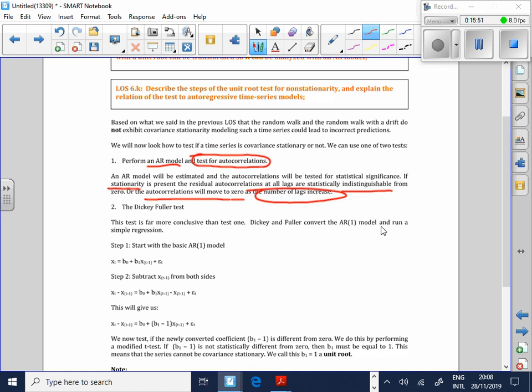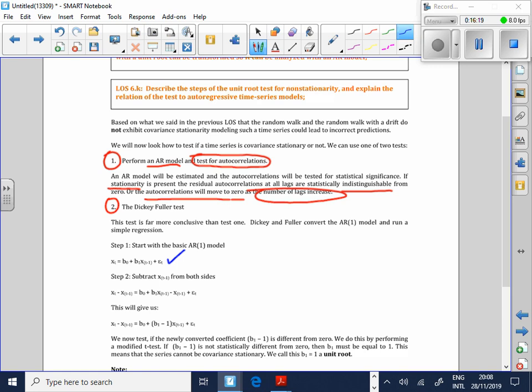Test 1, we've dealt with. Test 2, the Dickey-Fuller test. This is a far more conclusive test than the one before. Dickey and Fuller convert your AR1 model and run a simple regression. Please don't worry too much about this, just get the understanding here. Step 1, you start with your basic AR model.